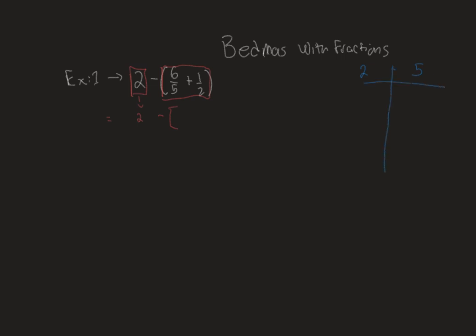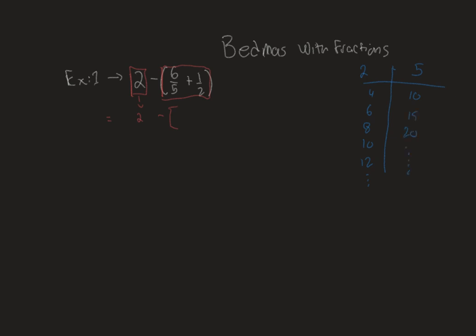What a factor table is, you basically write out the multiples of the numbers. So we've got 2, 4, 6, 8, 10, 12, and so on. And for 5, we've got 5, 10, 15, 20, and so on.